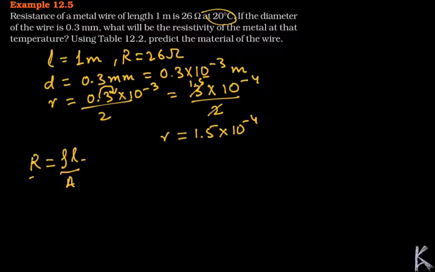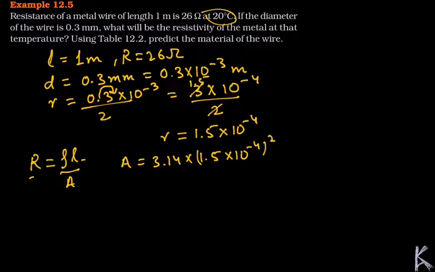First, A is pi r square, which will be 3.14 into 1.5 into 10 power minus 4 whole square.